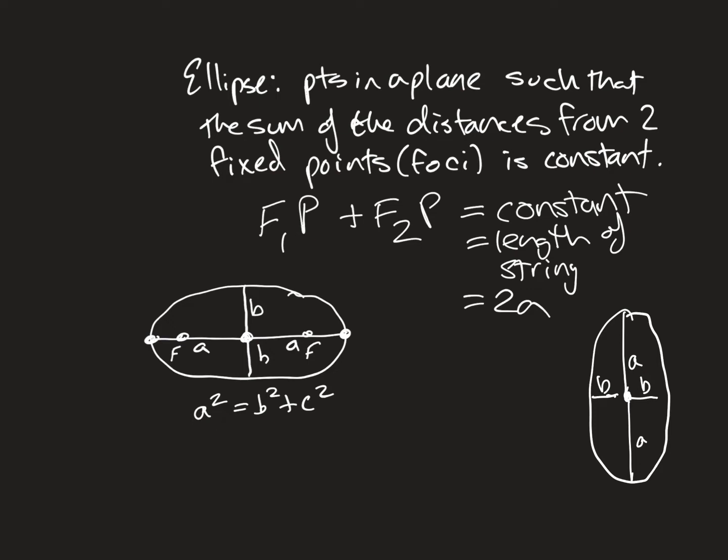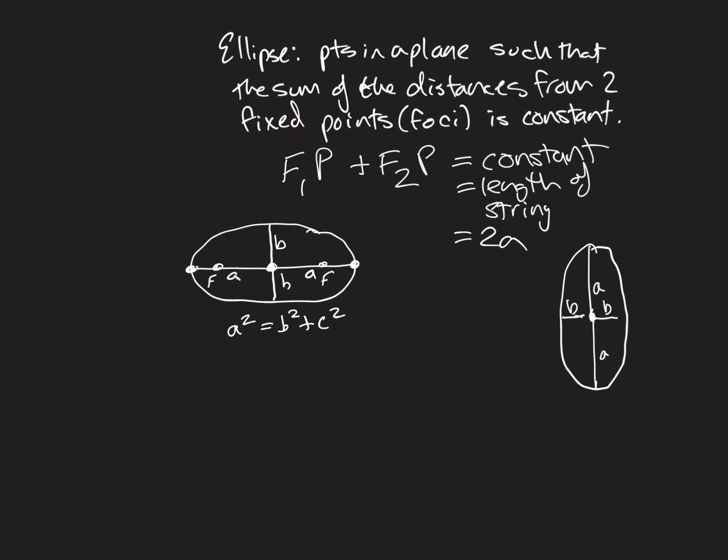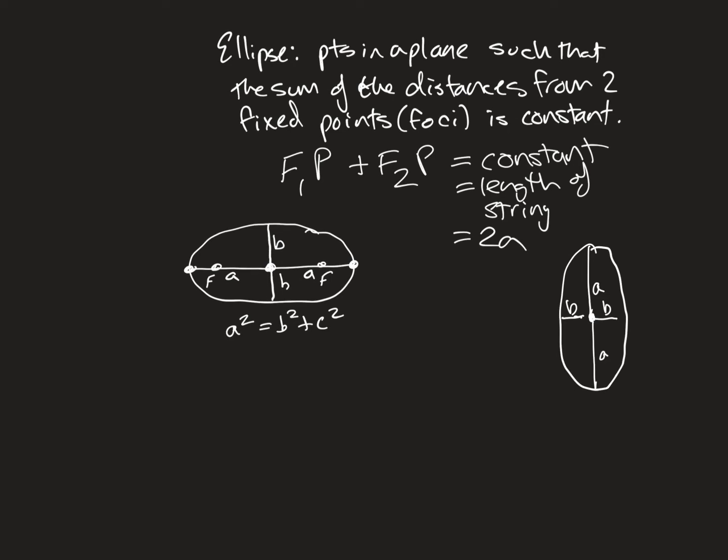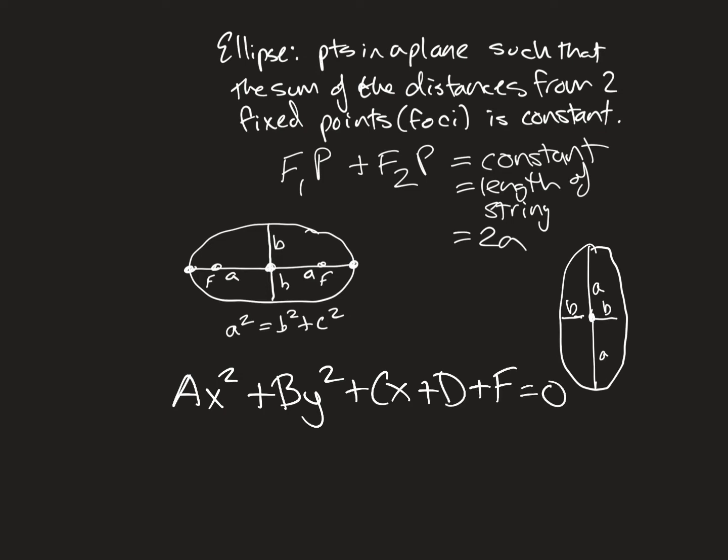Okay, so let's now get more specific in terms of an equation of an ellipse. Let's go back to the general form I talked about when we talked about circles, foiled out. If I've got this foiled out version, how do I get clued into the fact that it might be an ellipse?